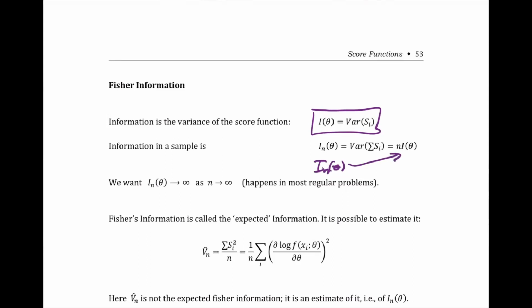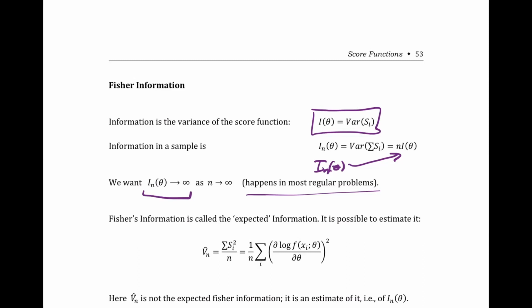If they're independent, it should be n times the information in an individual. And what we want in many problems is for the information to go off to infinity, and this happens in most regular problems. This is closely related to things like the Hessian matrix when you're doing numerical computation, and we'll get to that in the very next lecture.